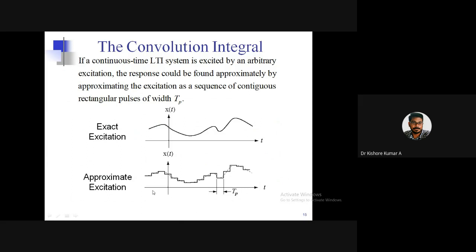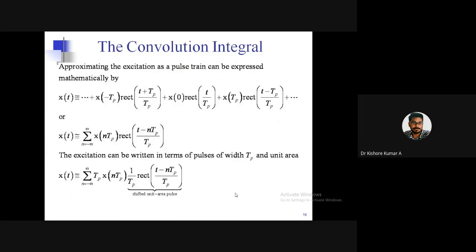In both cases, the response could be found approximately by approximating the excitation as a sequence of rectangular pulses with pulse duration tp. And approximating the excitation as a pulse train, it can be expressed mathematically.